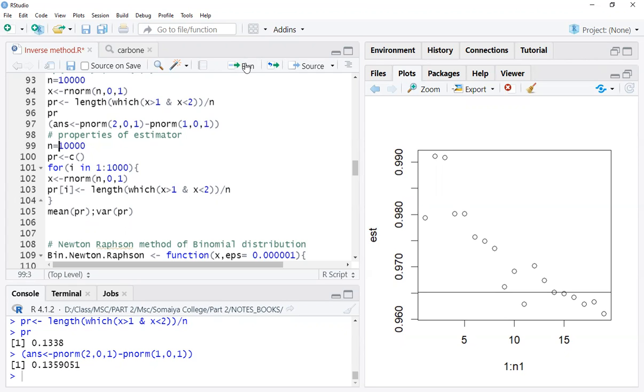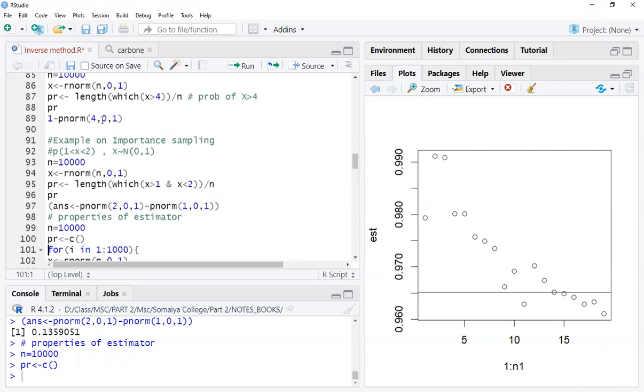We are generating 10,000 observations and storing them under this empty vector, and we are simulating from 1 to 10,000 observations, generating from the normal distribution 0, 1, and every time you are estimating this probability value, whose length will be this.